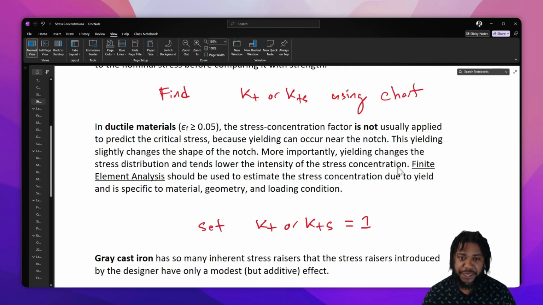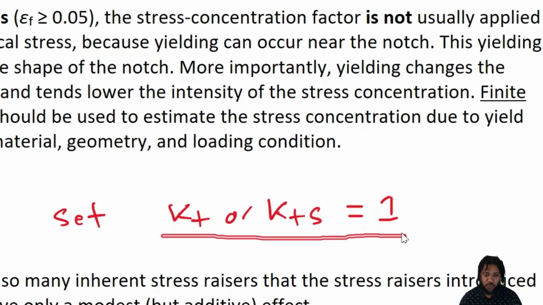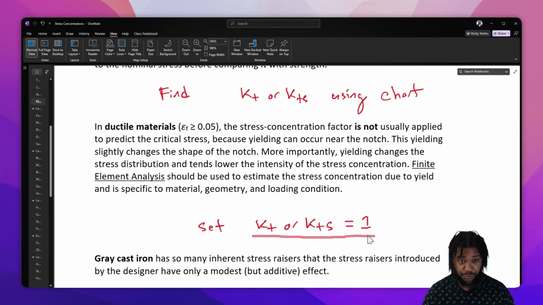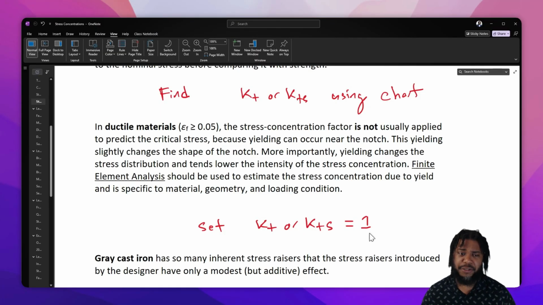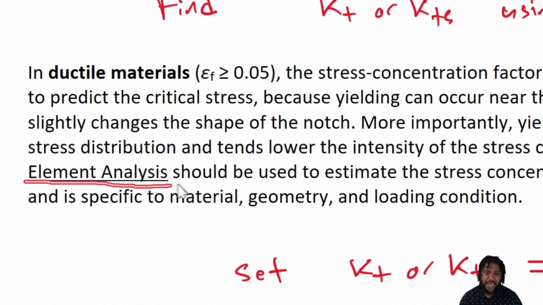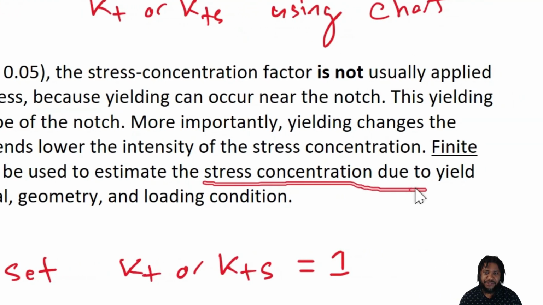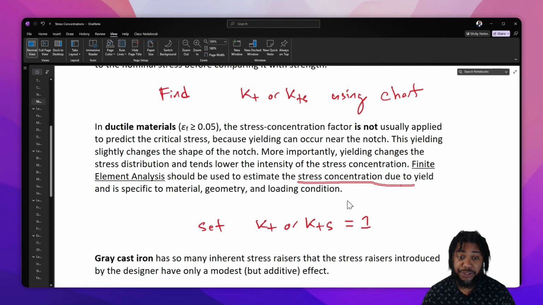Now, generally, what we'll do is just set KT and KTS equal to 1, so we don't apply a concentration. But the better approach is to use finite element analysis to analyze our actual structure and then estimate how much stress does concentrate due to yielding, right?